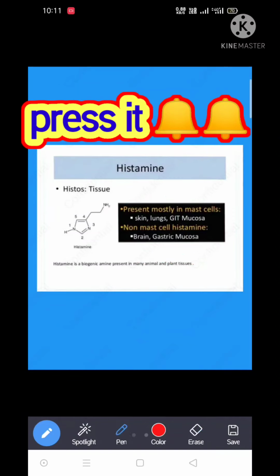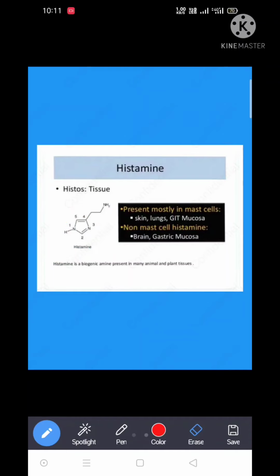If we see the structure of histamine, it consists of two nitrogens, simply an imidazole ring. If you see, this is an imidazole ring. There are two nitrogens over there with one gap of carbon.